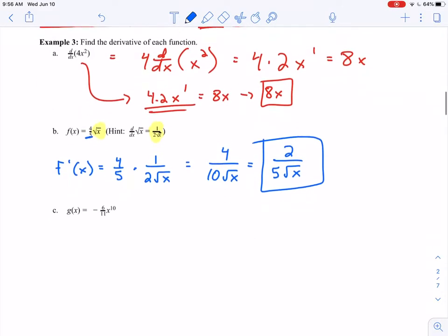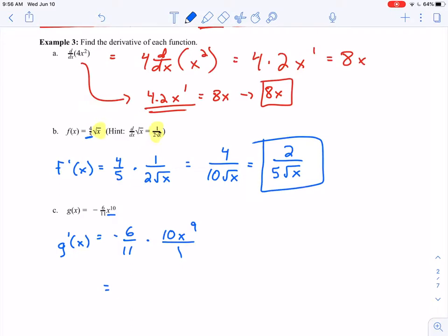G, same idea here. So if I want to find G prime of x, this negative 6 over 11 doesn't really have a big impact. Let's just say negative 6 over 11 times the derivative of x to the 10th. Well, that's 10x to the 9th power. And at this point, if I wanted to, I could say, okay, this is over 1.